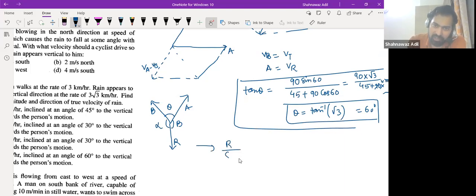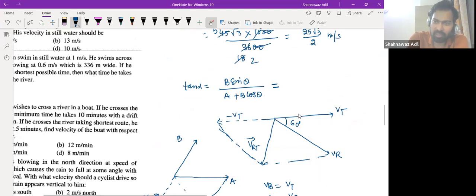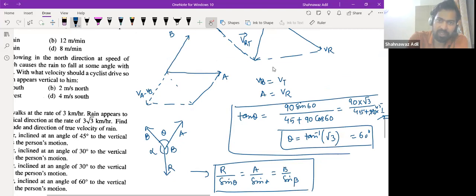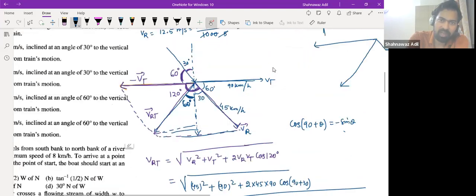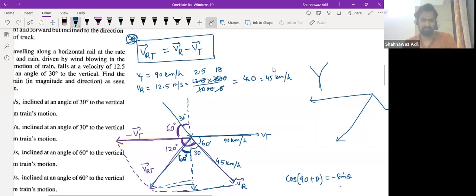R by sine theta equals A by sine alpha equals B by sine beta. I was thinking about applying this rule because this is B, but I couldn't figure it out, so I will think about it. Please note it down, Rishita, and also think about this question.